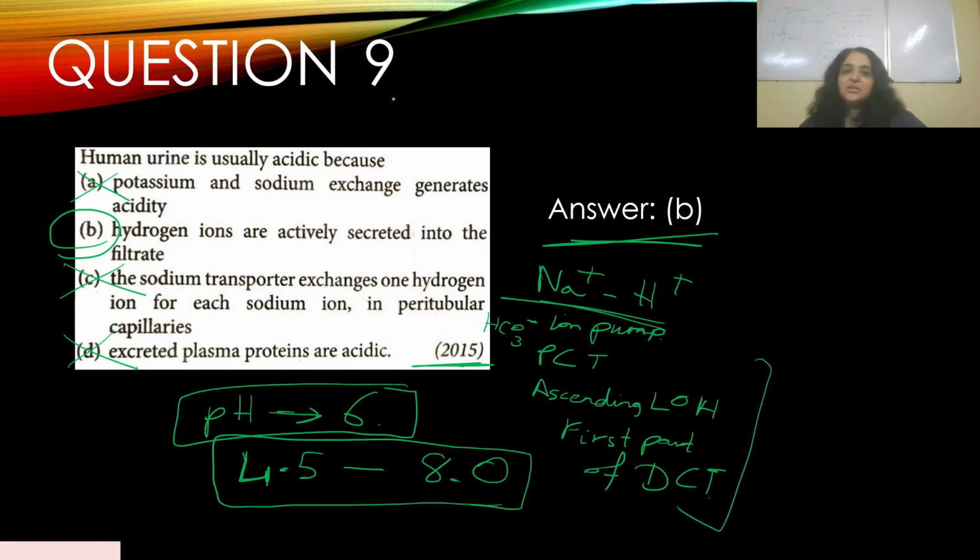Now, in the later part of the DCT and in the collecting tubules, there are special cells called intercalated cells.